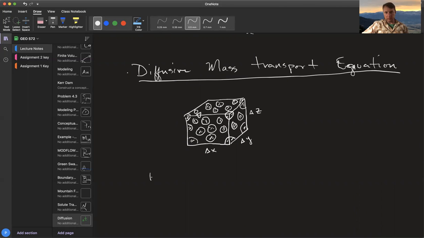So mass balance for solute. So we have J in, and we're going to do X direction only. This is J out. All right, fine.